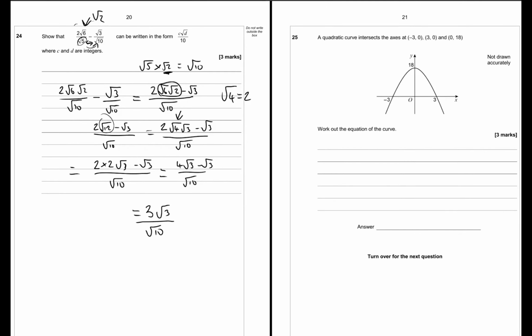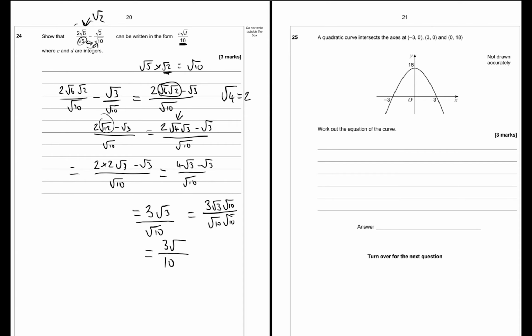And now we just want to get the bottom to be 10 instead of root 10. So what can we do now? We can times the whole thing by root 10. So we're going to get 3 root 3 times root 10 over root 10 times root 10, which is going to give us 10 on the bottom, which is what we want.